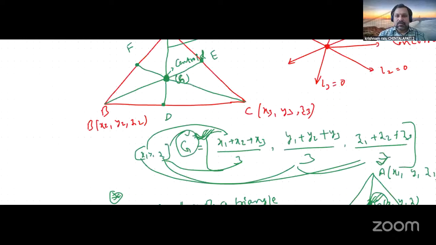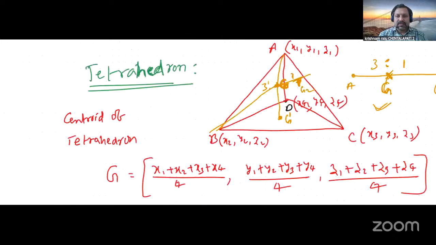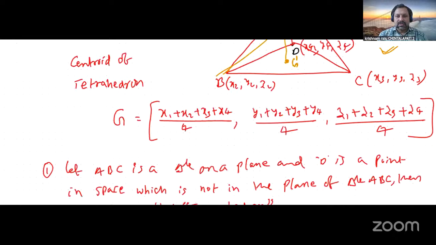This is also a polygon which contains 4 vertices, A, B, C, D. That's why sum of x coordinates by 4, the number of vertices is 4. Sum of y coordinates by the number of vertices, 4. Sum of z coordinates by the number of vertices, 4. Like that, the centroid of any polygon you can find by using this formula. That is the conclusion point.